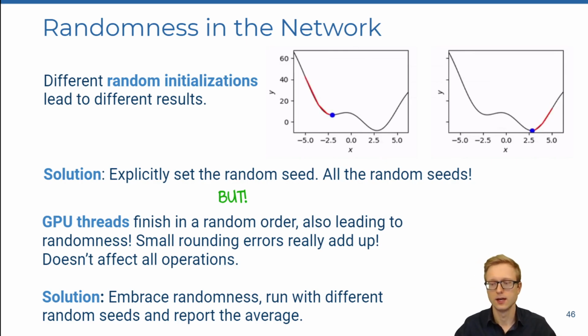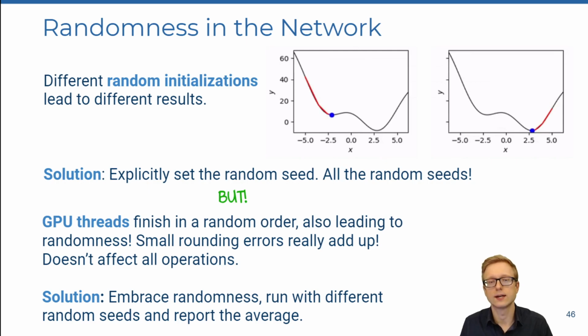That's because different threads end at different times, and when combining the results back together, there might be differences due to just pure randomness. This doesn't affect all the operations, but it does happen fairly frequently.